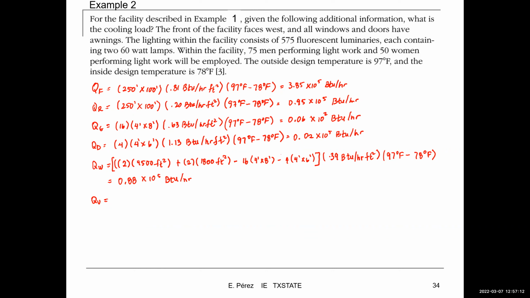So it's going to be the area of the roof and the area of the wall. So this is going to be 25,000 feet square plus 12,600 feet square.